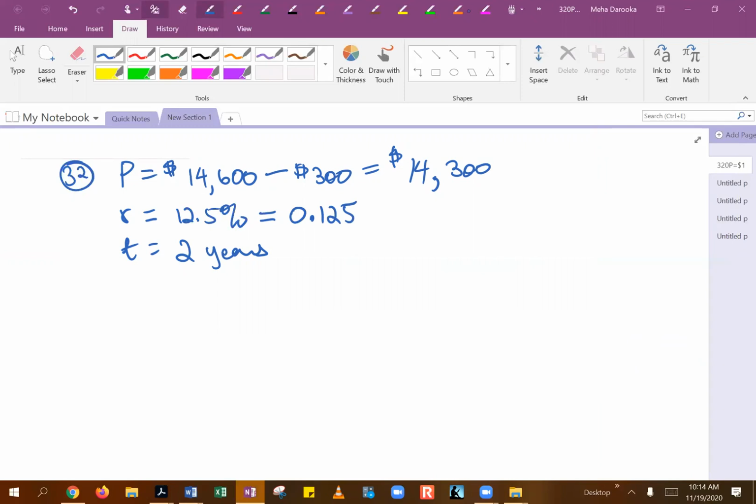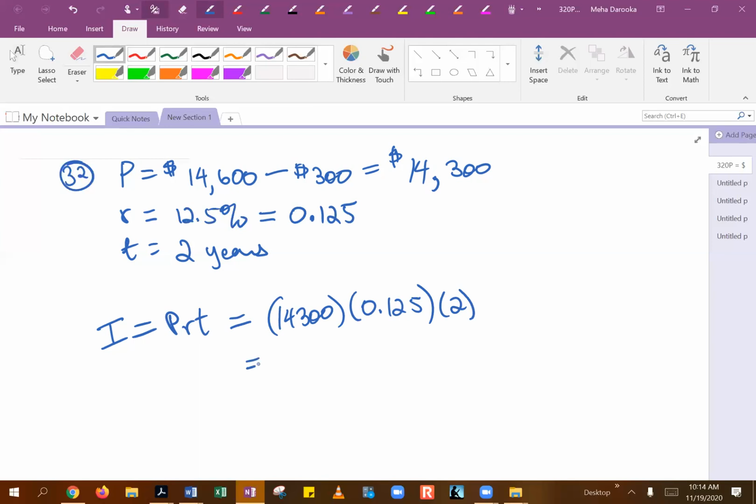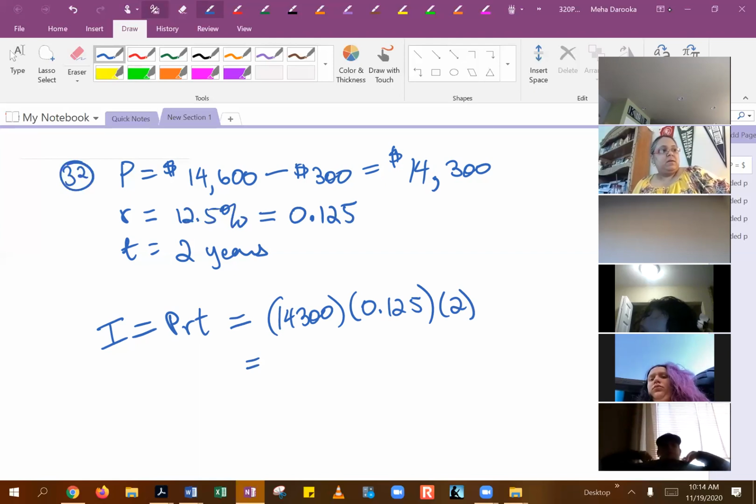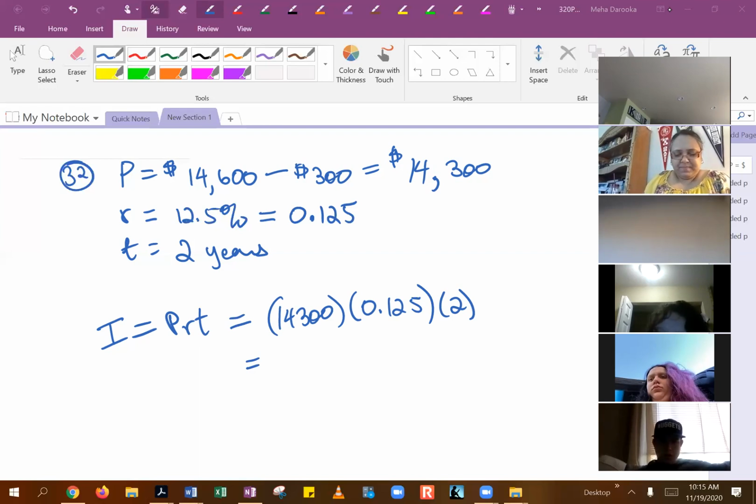Alrighty, so how much interest will Sven need to pay on this loan? Use that simple interest formula, and what kind of interest dollar amount do you end up with? So what do you end up getting for this?